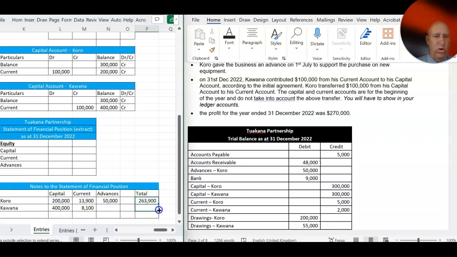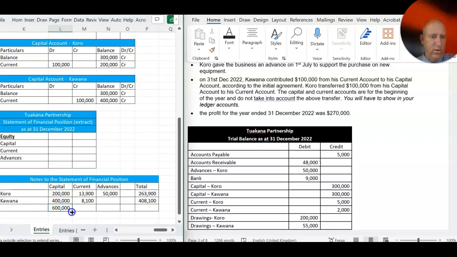That gives Koro's total, and we'll also add these up and fill across. And last thing, the capital is that figure, and the current is that figure, and advance is that figure. All done. Alright, next video is going to be on writing the report.